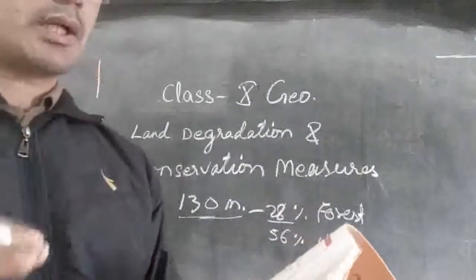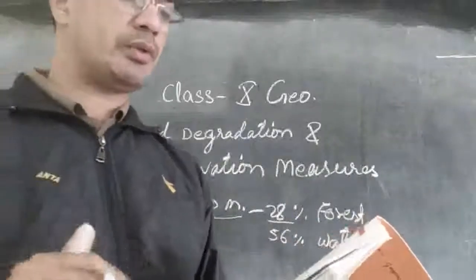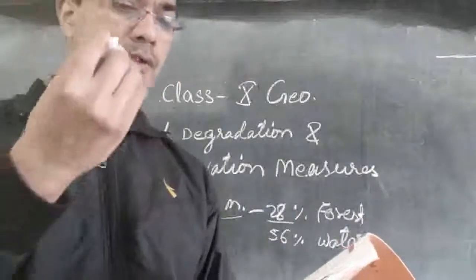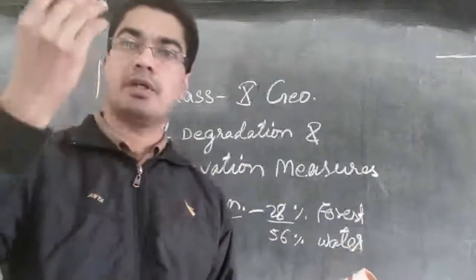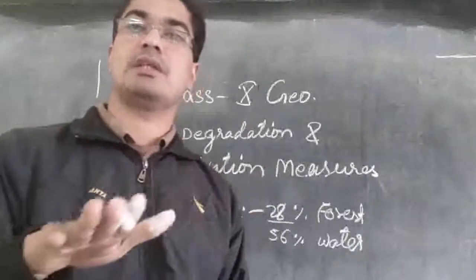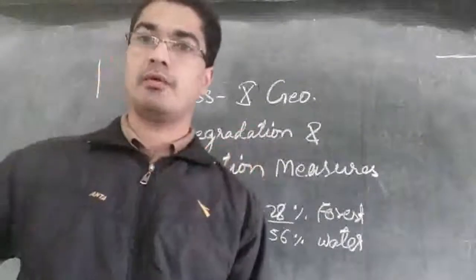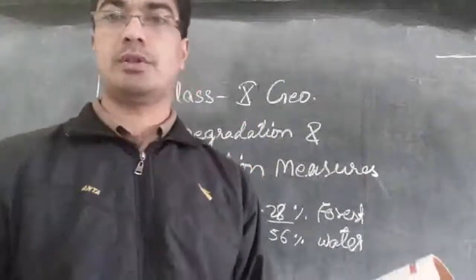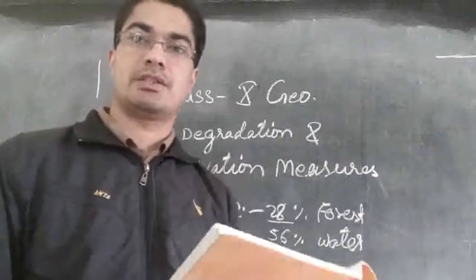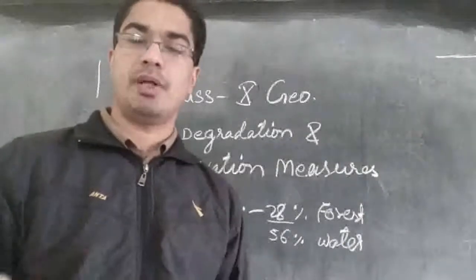So when this dust comes and settles on top of the soil, what happens? It prevents the water from getting down. When there is rain, the water cannot go down because this dust is settling there, and the water will flow away. It will not go deep into the soil, and so the underground water does not remain there.